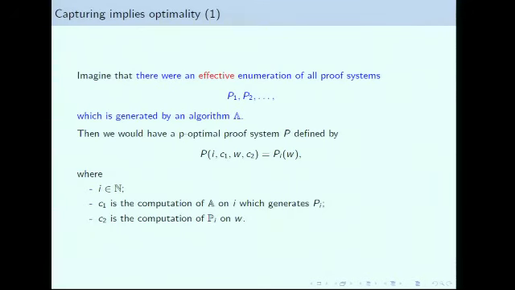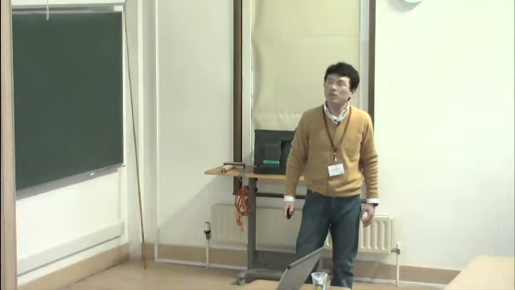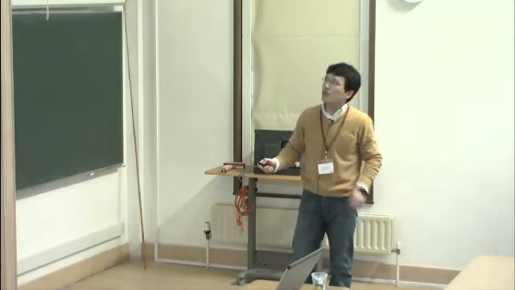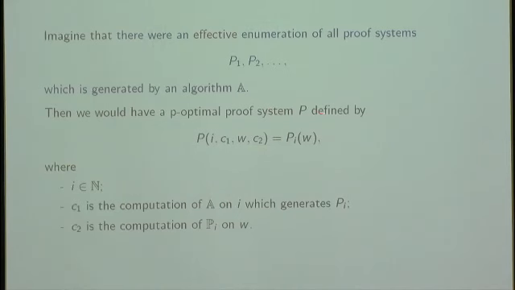But if that's the case, then we would have an algorithm to generate the code, the program. Then I can define a P-optimal proof system P in the following way. P accepts four parameters, I, C1, W, C2.